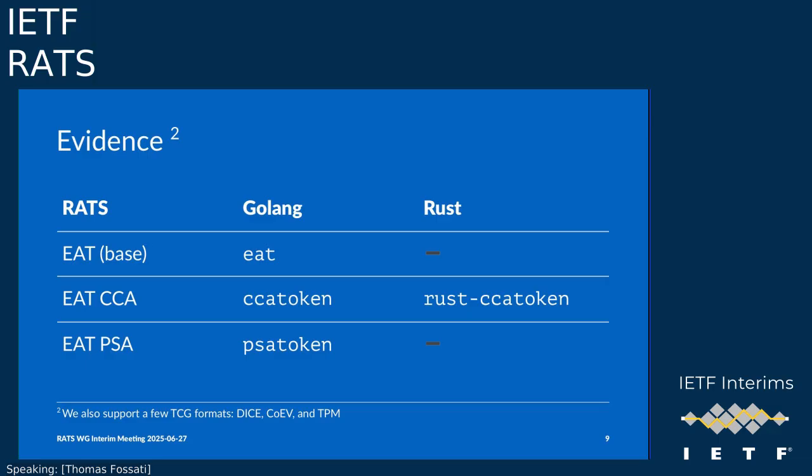We only have EAT, and then we implement a couple of EAT profiles, the CCA and PSA profiles in Golang, and the CCA token also in Rust. As I said before, we also support a few formats coming from TCG, DICE, CoHEV, and partially TPM. Next, please.